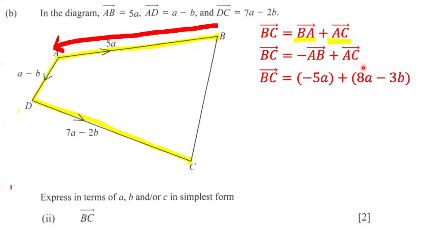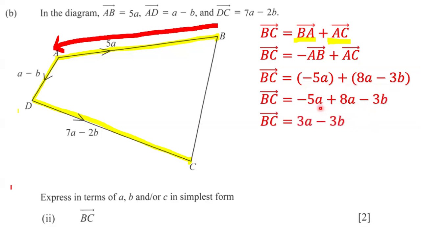AC is equal to 8a minus 3b. And so we have that BC is equal to negative 5a plus 8a minus 3b. And so we have to group together our like terms. So we have a negative 5a plus 8a minus 3b. And what is negative 5a plus 8a?